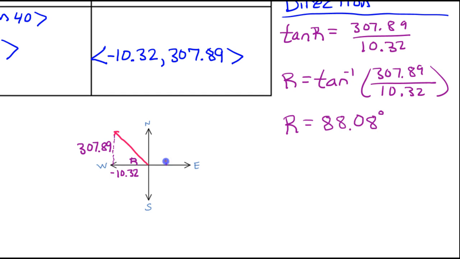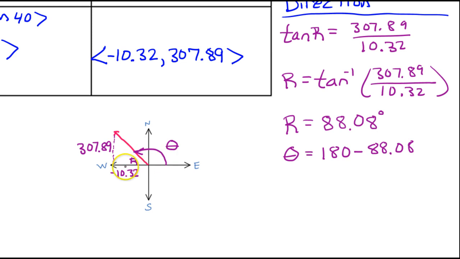Now, remember, for the chart, we want this angle theta that is measured from the positive x-axis counterclockwise. So theta should be 180 degrees minus this reference angle, 88.08.